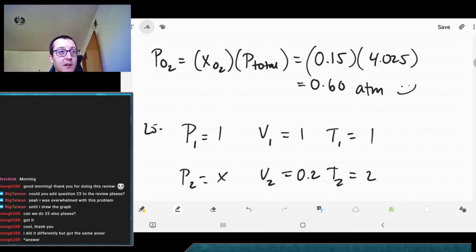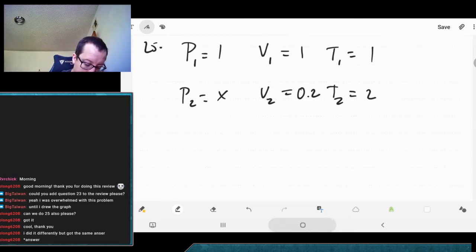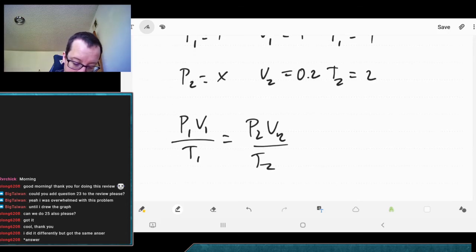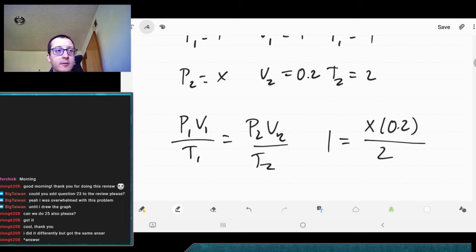P1 V1 over T1 equals P2 V2 over T2. Thankfully, since we set all of our stuff to 1 on the left side, that's easy. 1 equals x times 0.2 over 2.